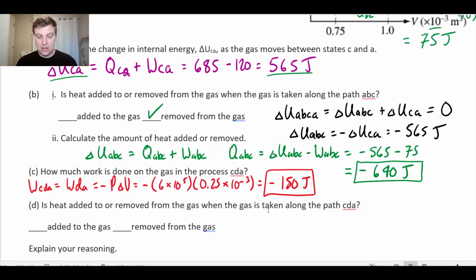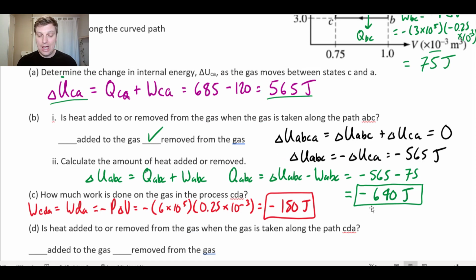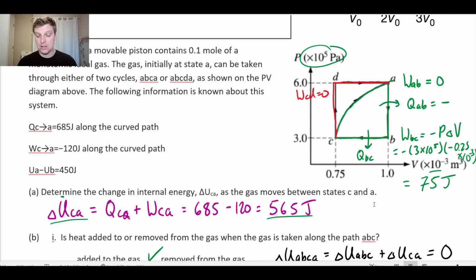Okay, and so now it's asking the question, is heat added or removed from the gas when the gas is taken along the path CDA? Let's think about this a little bit more. As we go from C to D, I've already figured out that the work done is 0, but we're going up to a higher pressure. So the only way I could increase my pressure would be if heat flowed into the system and was positive in that step.